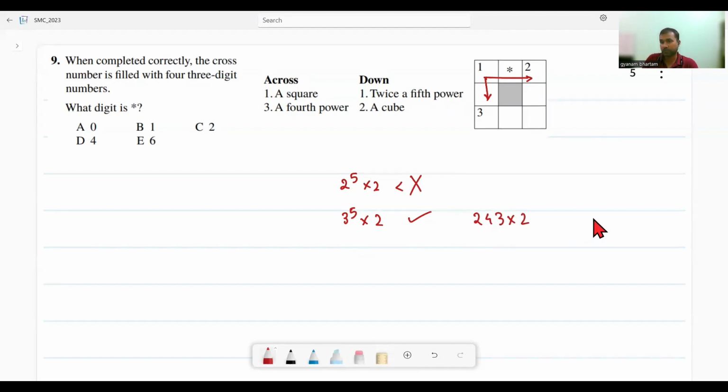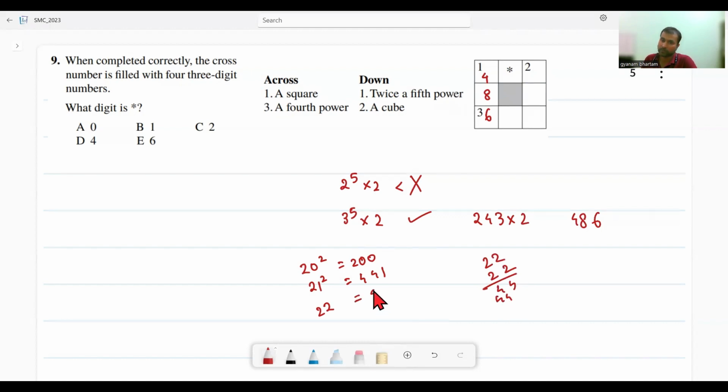This is the only possibility we can take, and this is going to be 243 times 2, so 486. Okay. Now we need a square starting with 4. Starting with 4 is going to be 20 square, which is 400, and then we have 21 square, which is 441, and 22 square is 484.